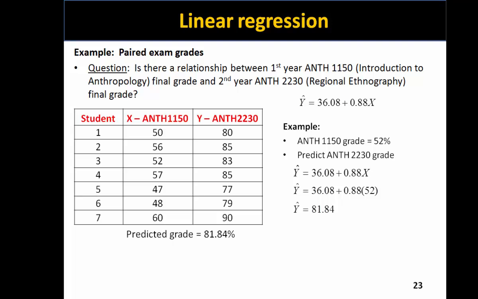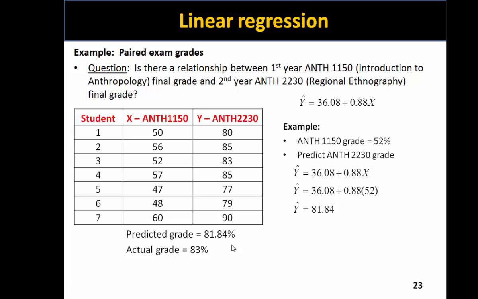And so the predicted grade of 81.84% is contrasted with perhaps the actual grade of 83%. So 81.84 is what we predicted the student would score before they registered. Upon completion of the course, we might find that the student scored an actual grade of 83%.